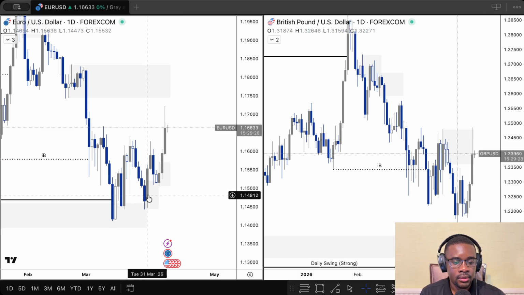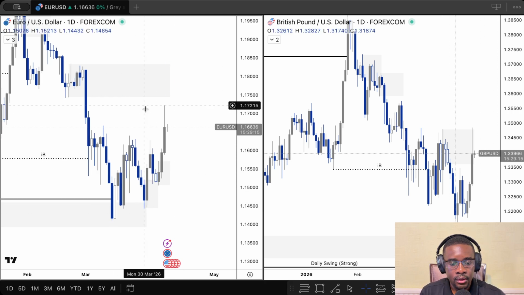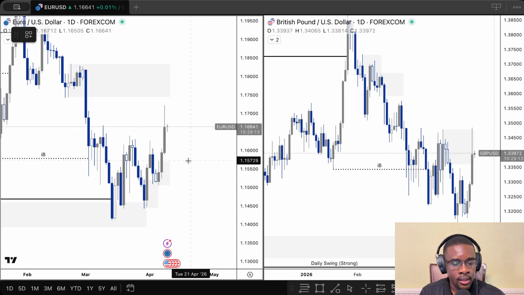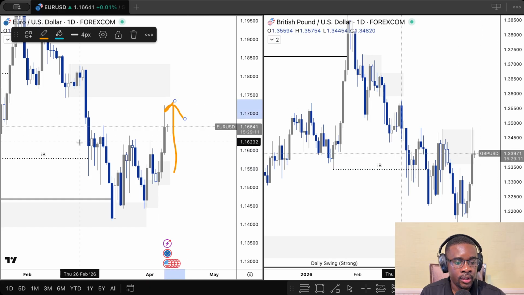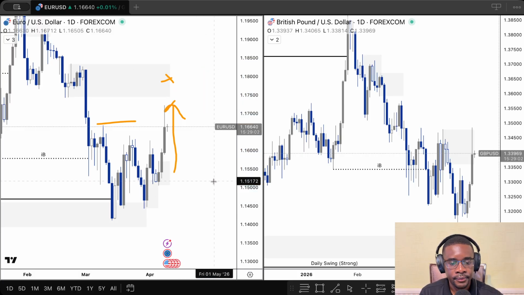This is the origin of this strong push that eventually led to the break of this push up. So on the daily, we could be on our way to mitigate this, maybe have a reaction before continuing bullish or continuing a downtrend.